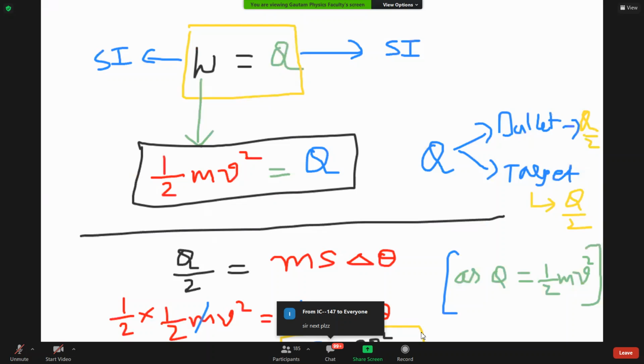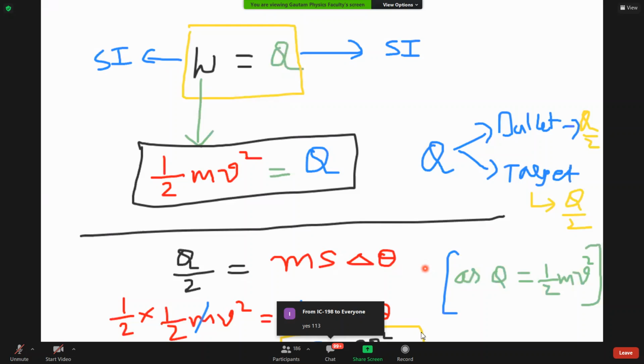Now our discussion related to Joule's law is over. One student is asking why Q by 2 is equal to ms delta t. I already told you that the heat energy we are providing is used to increase the temperature, and the formula for it is ms delta theta.